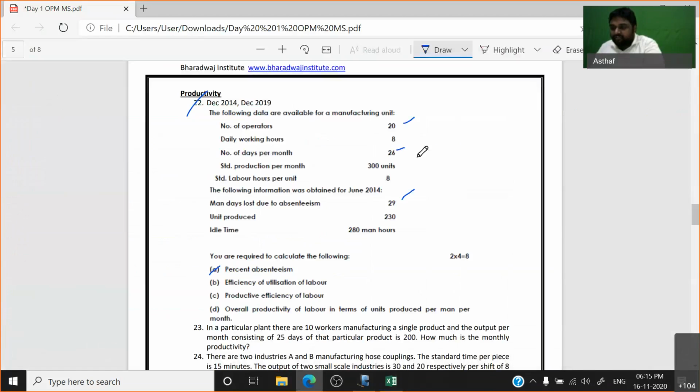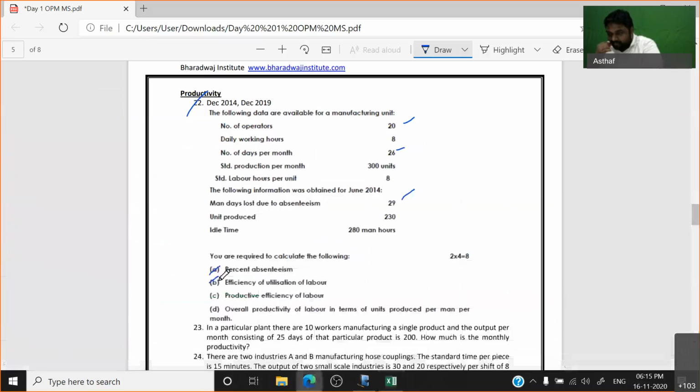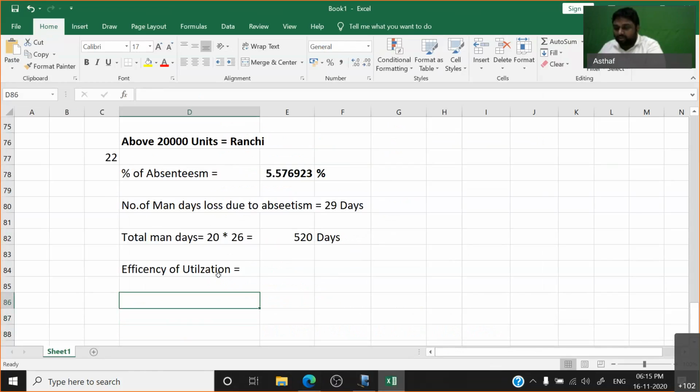Next step, efficiency of utilization. What is the efficiency of utilization? We have to identify two things. First, we have to identify our total time. What is the total time?